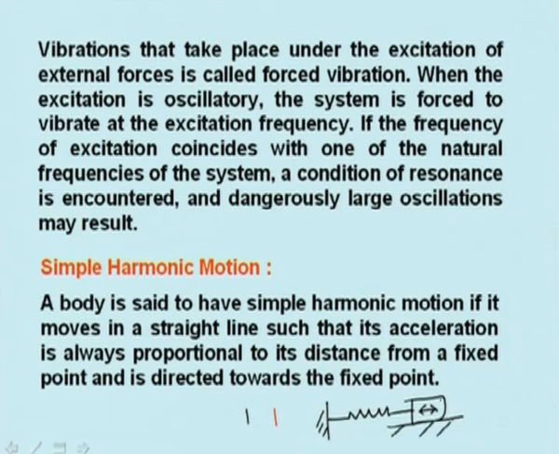So this type of motion can qualify for simple harmonic motion. Acceleration is always proportional to its distance from the fixed point, that is another condition, and is directed towards the fixed point. If the acceleration is not directed towards the fixed point, or at least one particular point, then the body will not come back to that point and the vibrations will not take place.